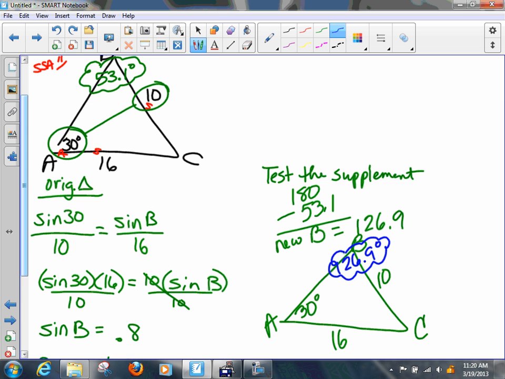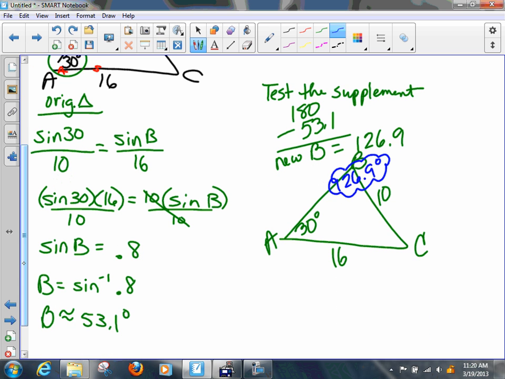Okay? Now, the way I test it is I say, can I find the third angle? So I come over here and I say 180 minus 126.9 minus 30. What am I left with? 23.1.